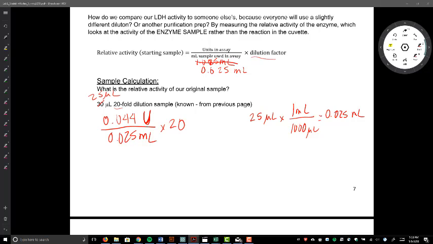That gives us a relative activity of 35.2 units per mL.